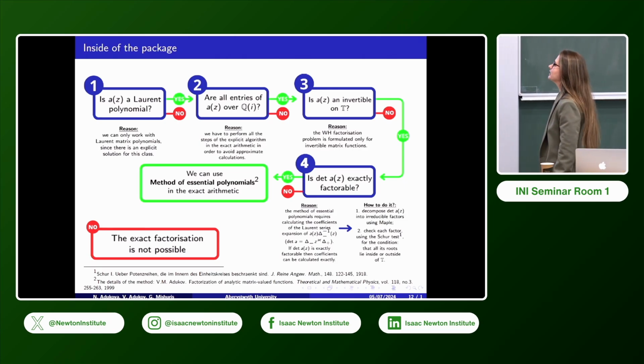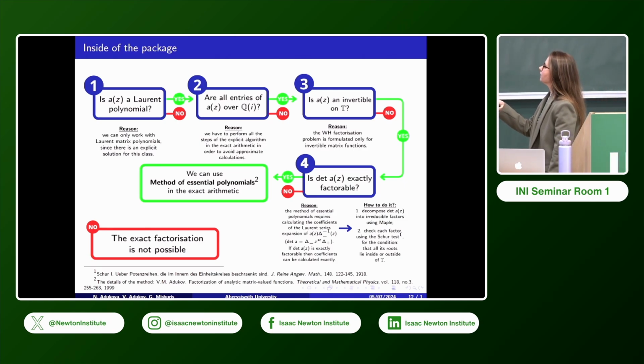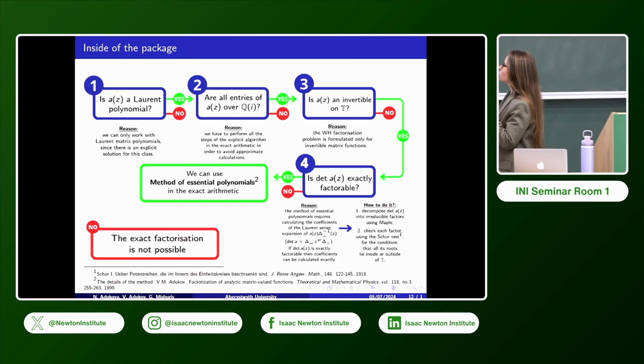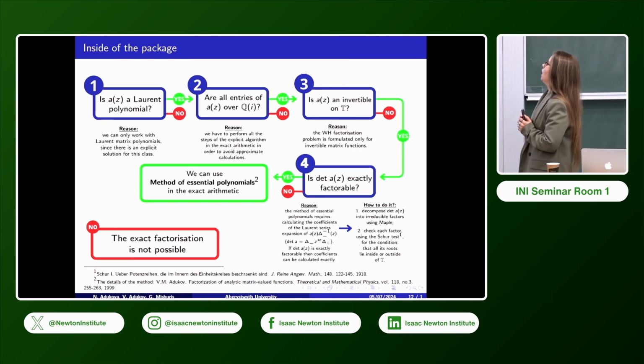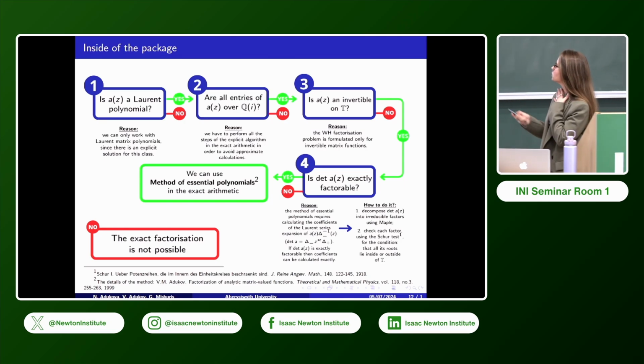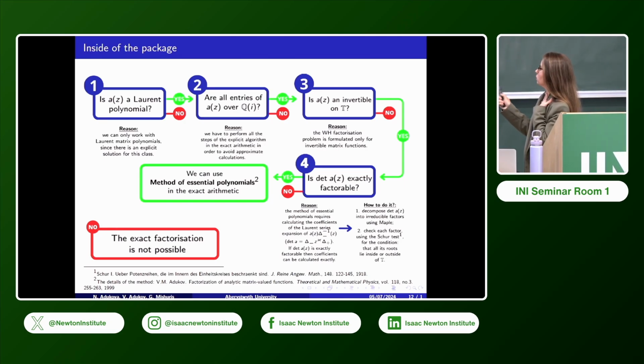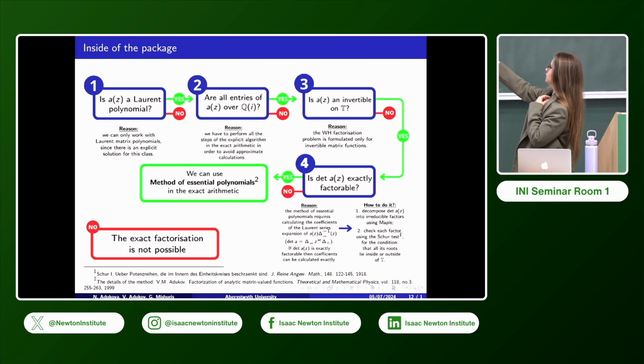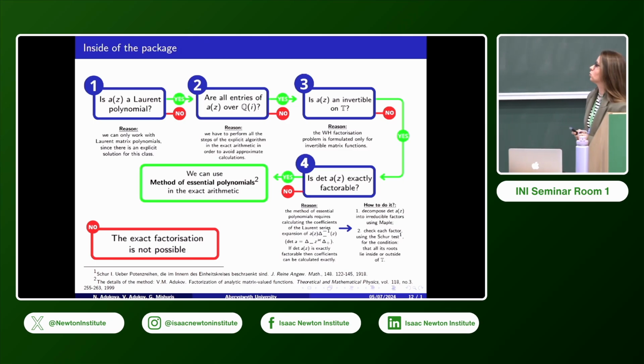The second check ensures that we will avoid approximate calculations. The third one is quite obvious, because we consider the VH factorization problem.